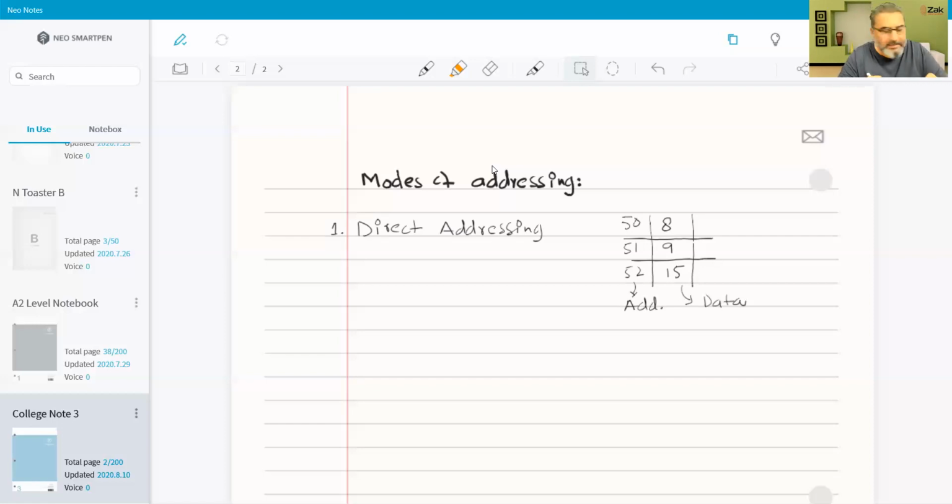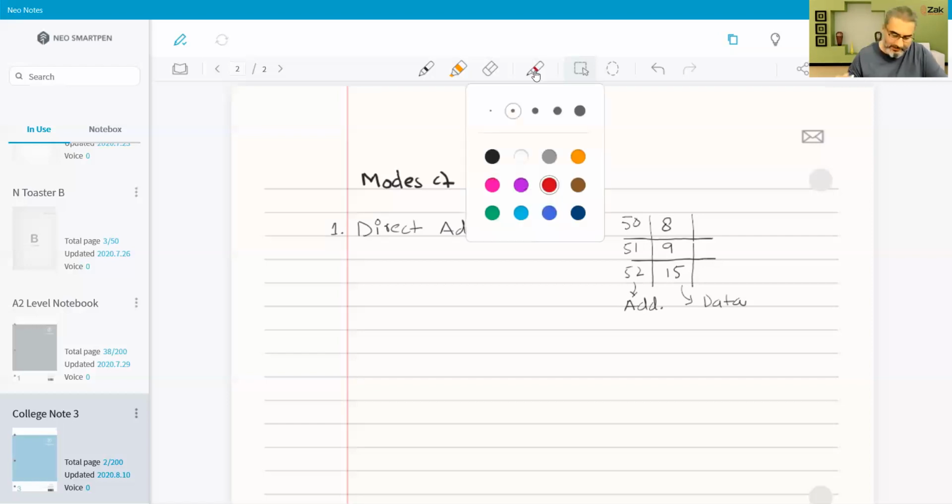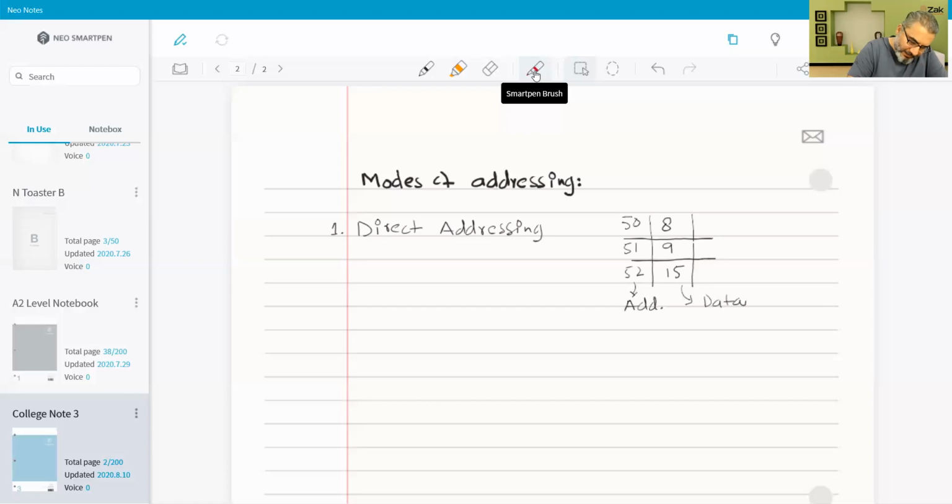So direct addressing mode requires you to write a command which is called LDD.